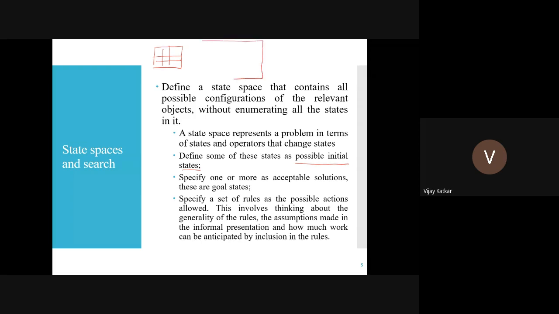It will be an 8x8 board, am I right? With some pieces in the first two rows, some pieces in the last two rows, and the rest of the rows and columns empty. So that will be the initial state for chess, and so on. Yes, any doubt, anyone?